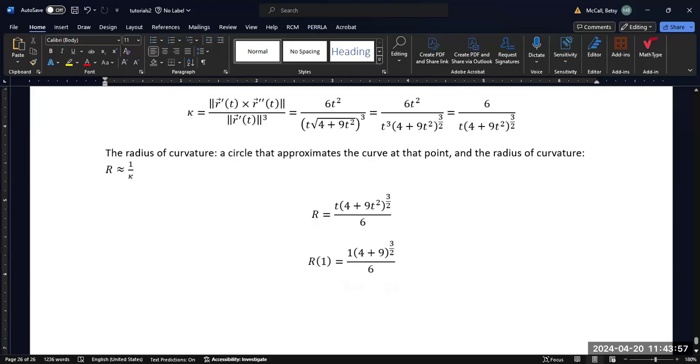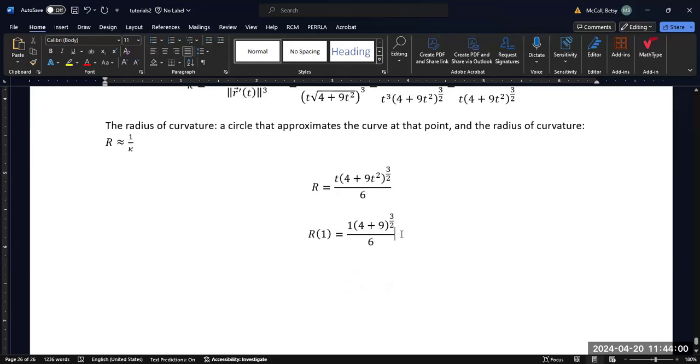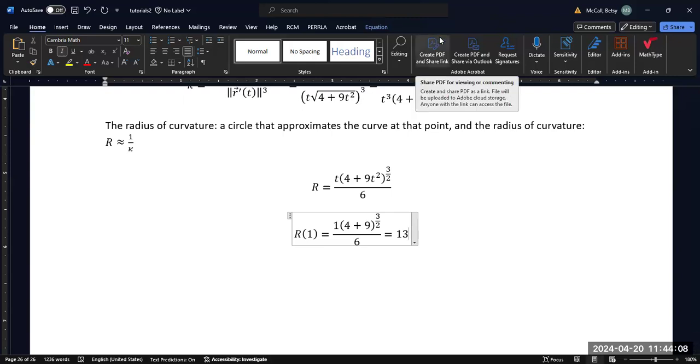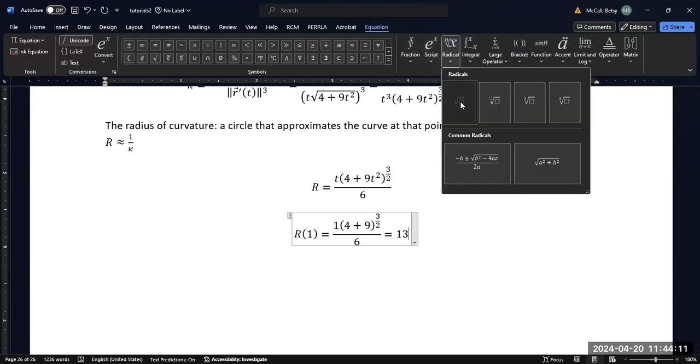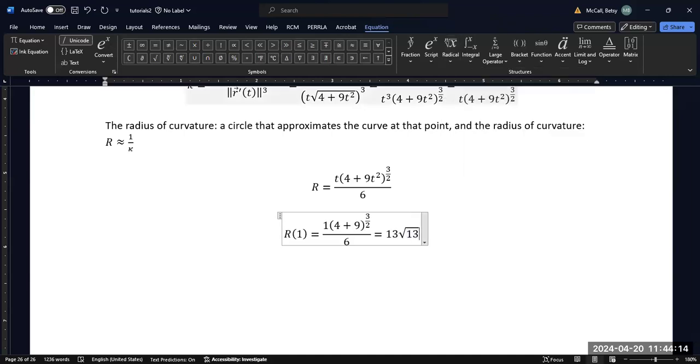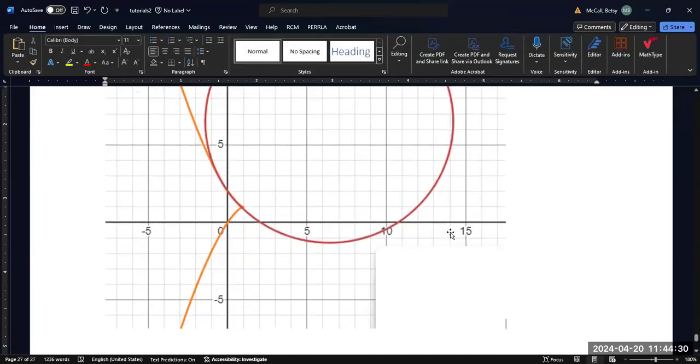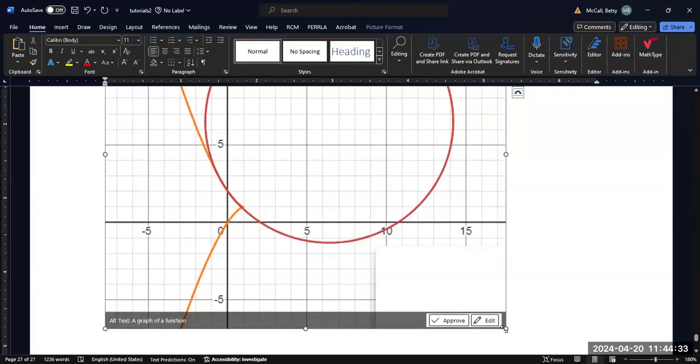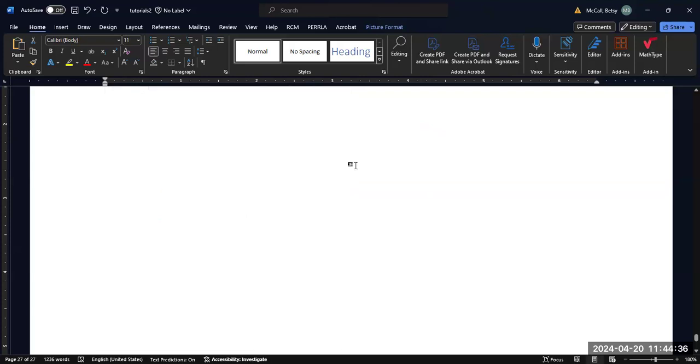And if you experiment a little bit with this exact value, which is going to be 13 square root of 13 over 6, and you try to find a circle with that radius and position it so that it approximates the curve at that point, you do actually get something that looks like it makes sense.